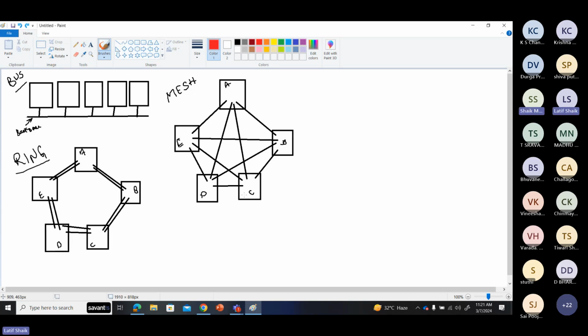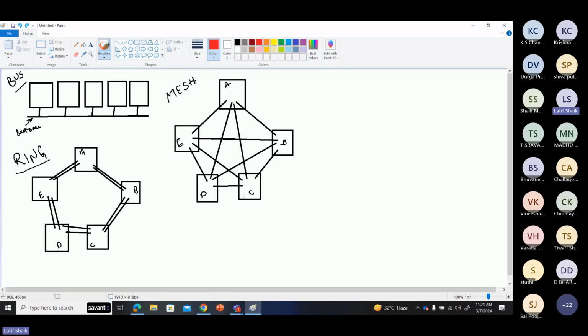Again, mesh topology is redundant. Even if a wire or maybe a device is down, remaining communication is going on. But it is very complex to configure, and very difficult to troubleshoot also.